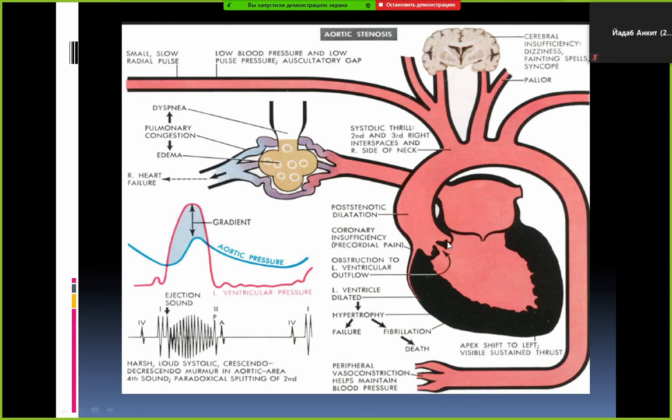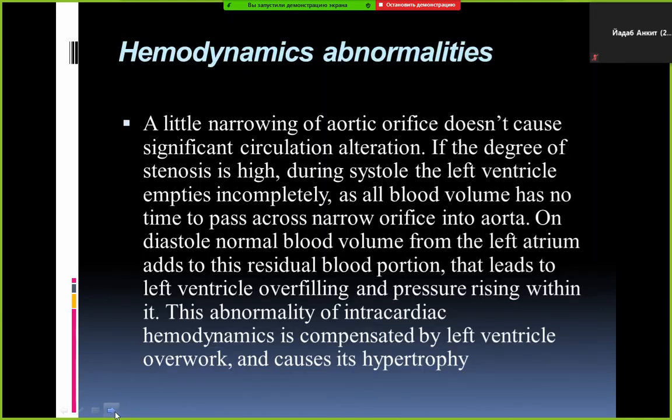This obstruction leads to increasing of left ventricle pressure, hypertrophy and dilatation of the left ventricle. A little narrowing of the aortic ostium does not cause significant circulation alteration.